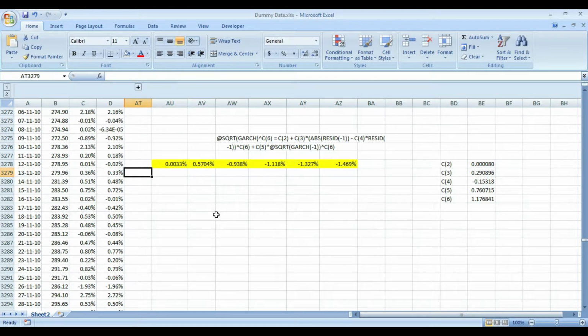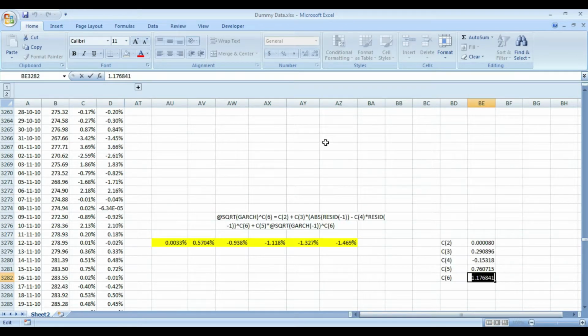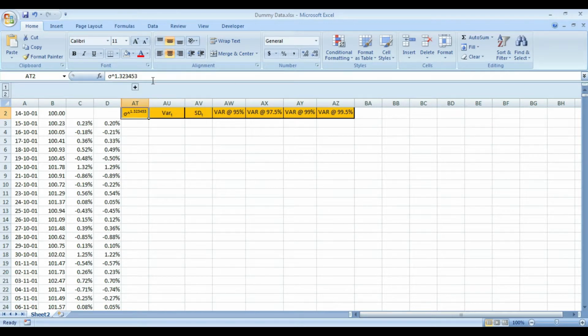So it says square root of PARCH, which is standard deviation, to the power of C6, and C6 is basically this. So we'll simply copy this and go up and change this value which was earlier pasted. So this is our cell. It says standard deviation to the power of this C6.